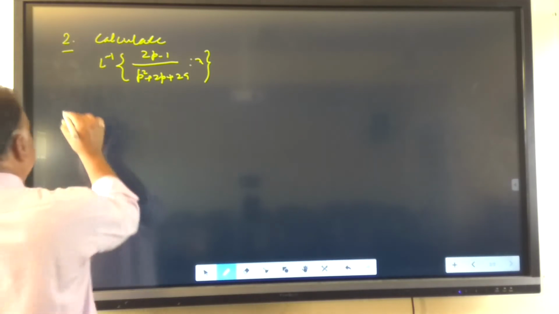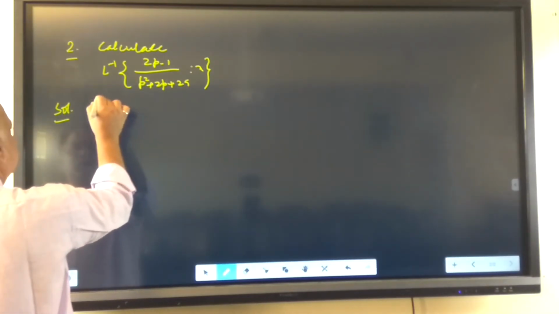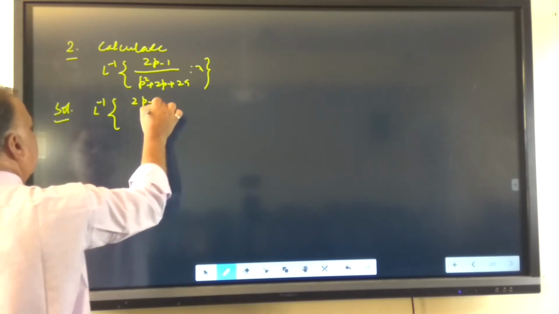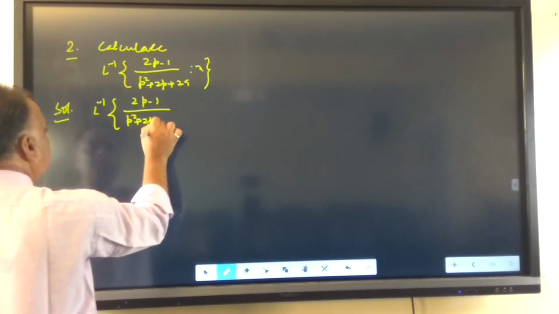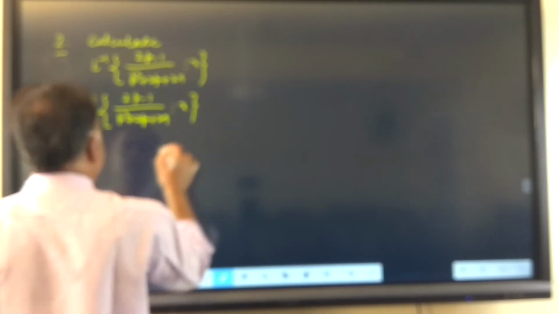So the solution of this one is the inverse Laplace transformation of (2p minus 1) upon (p square plus 4p plus 29) with respect to x.